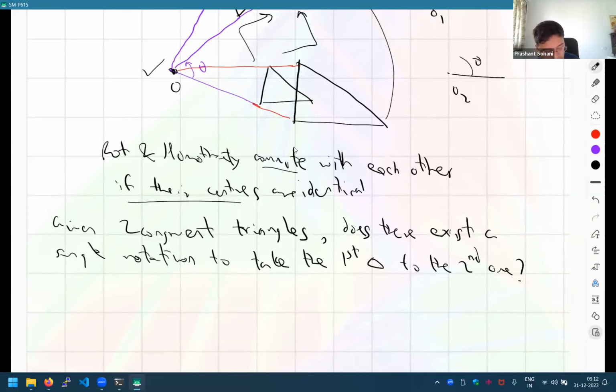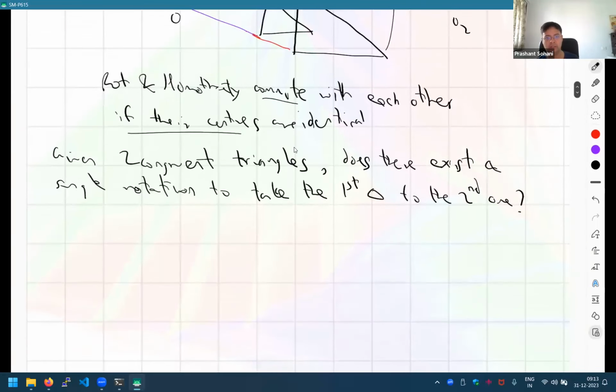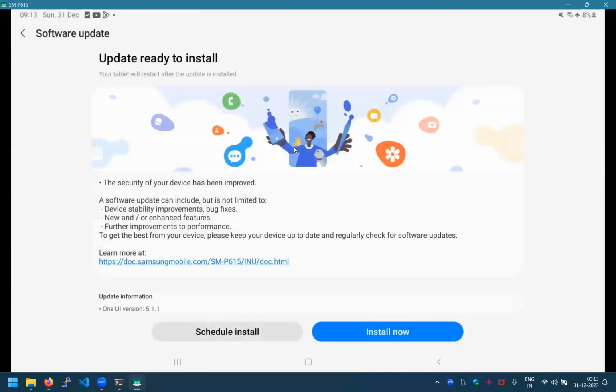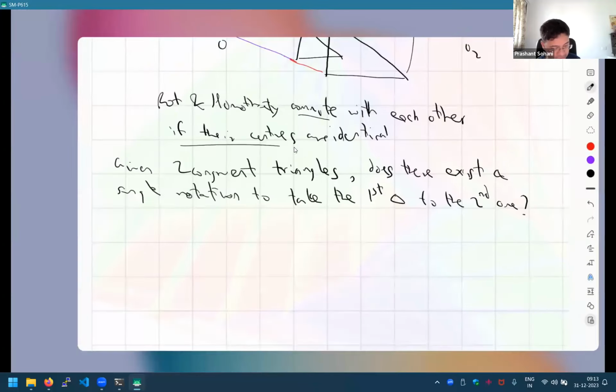So do you remember the answer to this? Can we, any two congruent triangles in the plane, take one into the other in a single rotation? Anybody remembers? No, we can't.